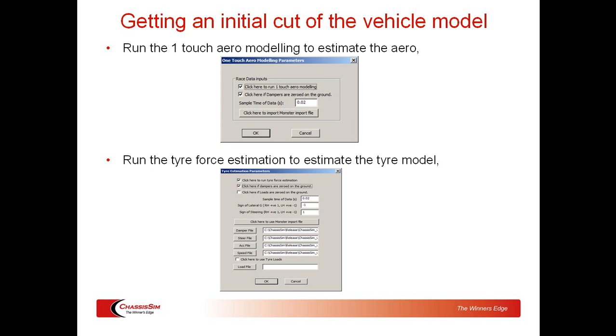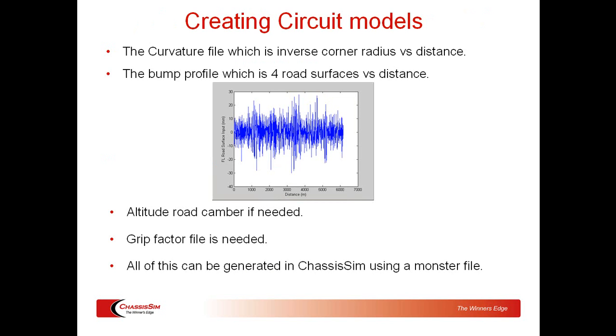Albeit that is a very, very rough estimate, but the key thing in simulation is to get going. The other thing you're going to be able to do with ChassisSim Professional Online is create circuit models. So you're going to be able to create a complete picture of what the circuit is doing.